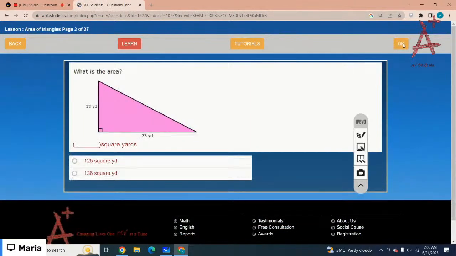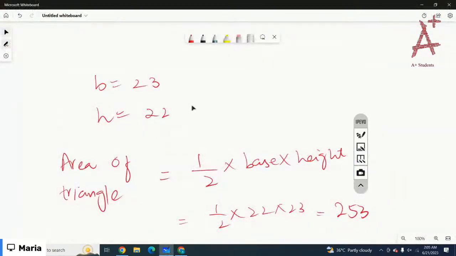Okay, the next one is, again, a right angle triangle, so you have to use the same formula. You are given the base is 23 and the height is 12. So you have to use the formula, half times base times height.